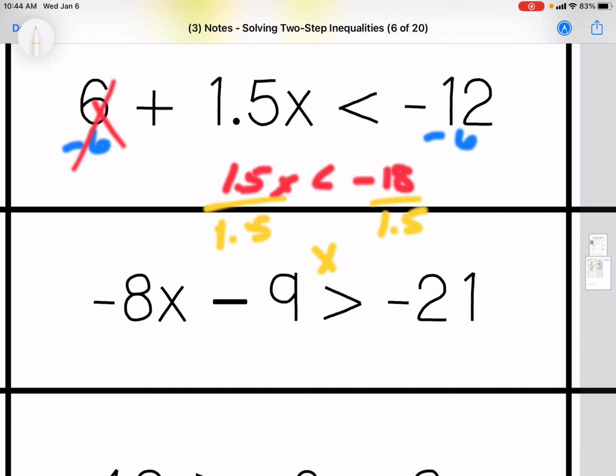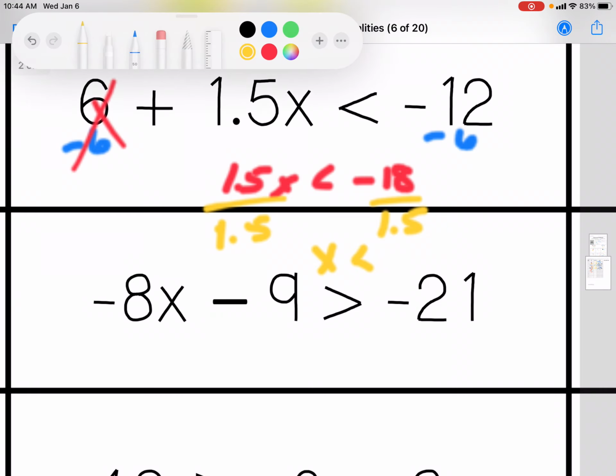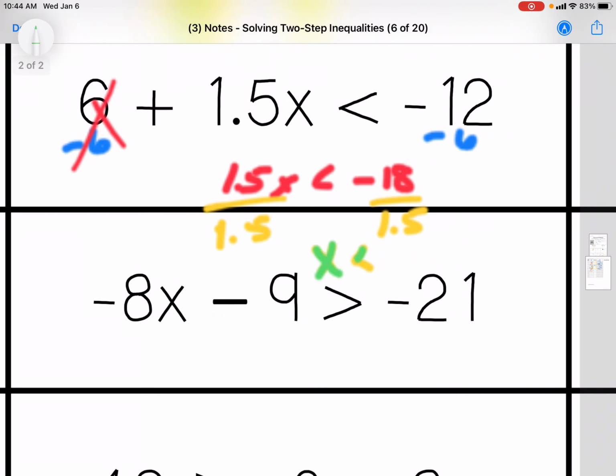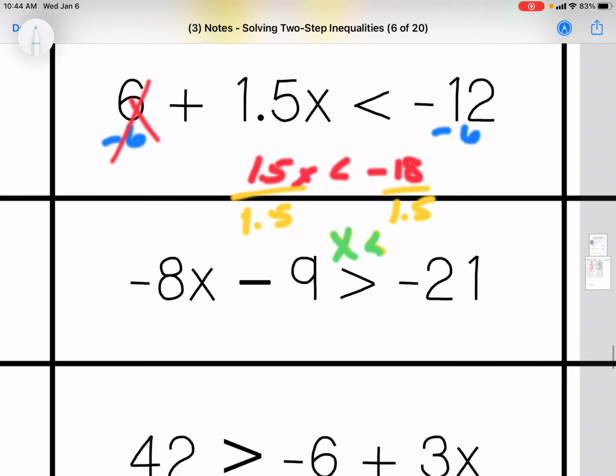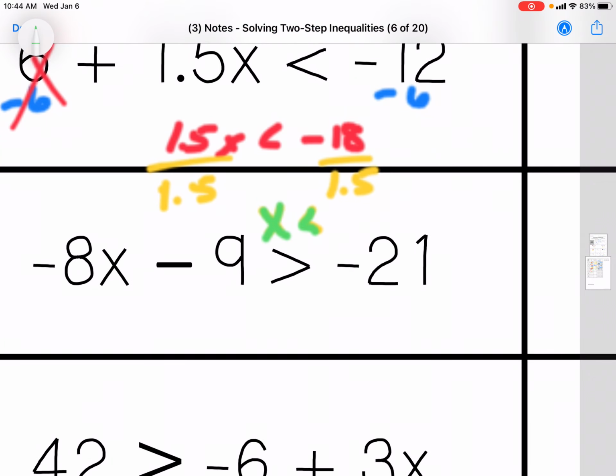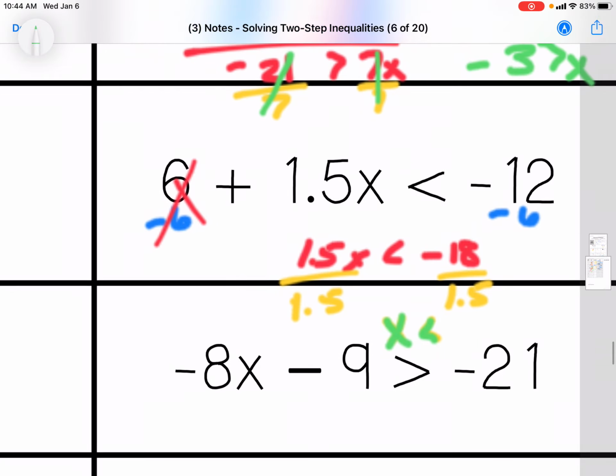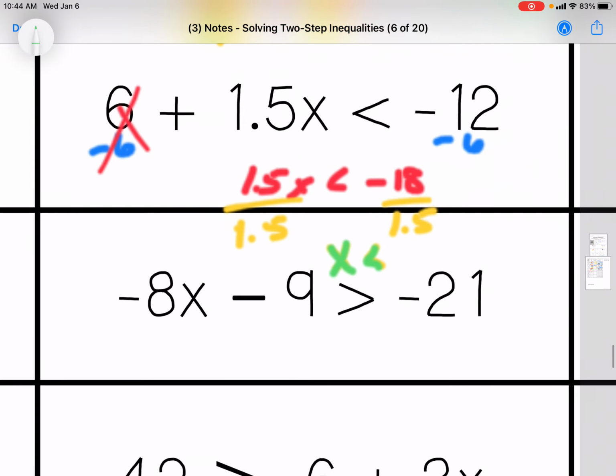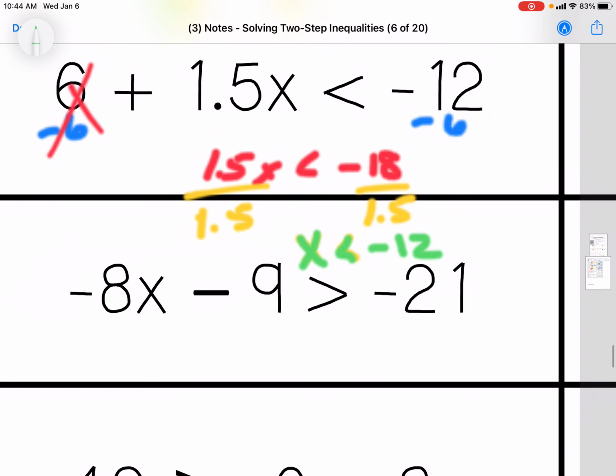And you're going to get x is less than negative 12. There you go.